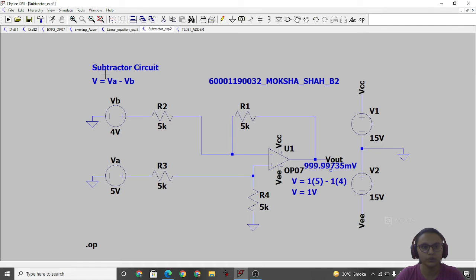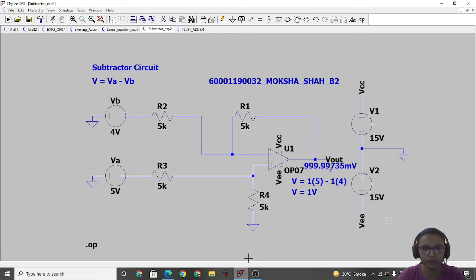You can see the coefficients are 1, so I have taken the same values. Now if we give VA minus VB, theoretically we should get 1 volt. When we run, we are getting 1 volt, and it is positive since it is non-inverting minus inverting.